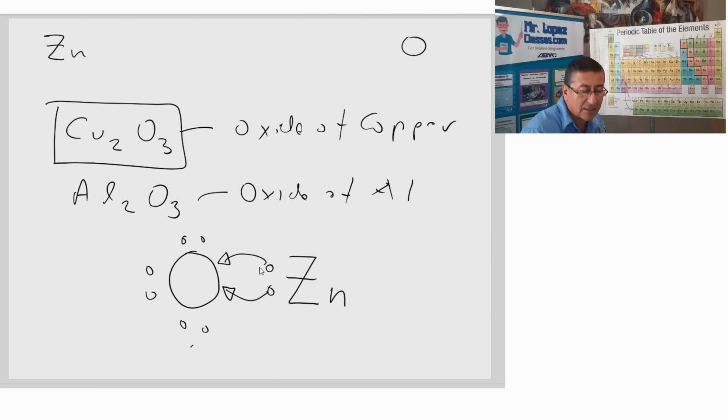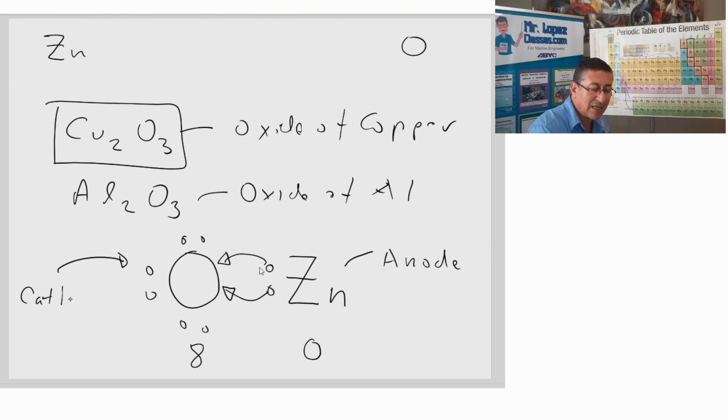Immediately the oxygen attracts the 2 extra electrons and the zinc releases those electrons. What is the name of the element that releases, that donates the electrons? This is the anode. And what is the name of the element that attracts the electrons? This is the cathode.